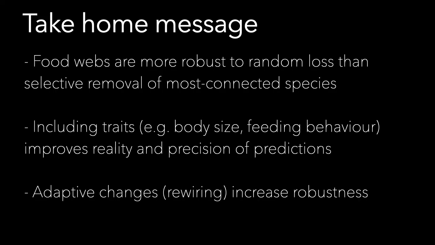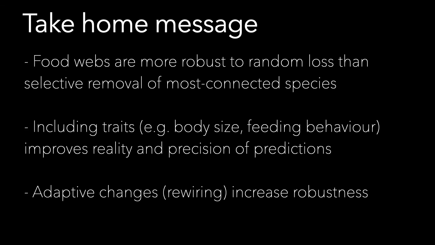So, to conclude this part on network robustness, we have learned that food webs are quite robust against random extinctions. However, it's quite unlikely that species in nature go extinct randomly. Usually, there are some identifiable underlying causes.